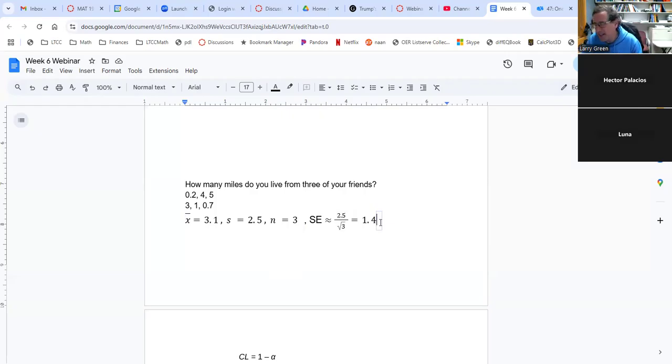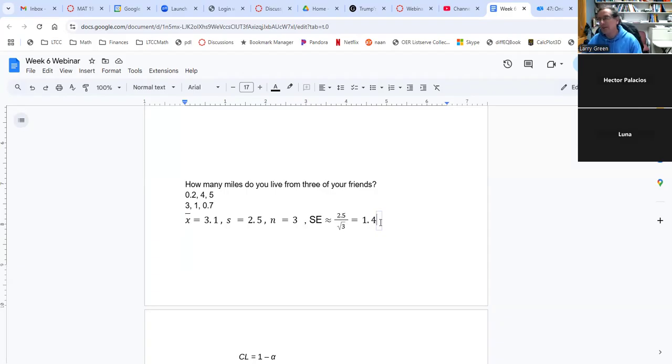Even with a small sample size, 15 miles is almost certainly not going to be the true population mean. We're not going to know the true population mean, but at least we can make a guess. Our best guess is 3.1. We're off by a little bit, but not by that much. So the big question is, when I say not by that much, what does that mean? Any questions on the idea there?